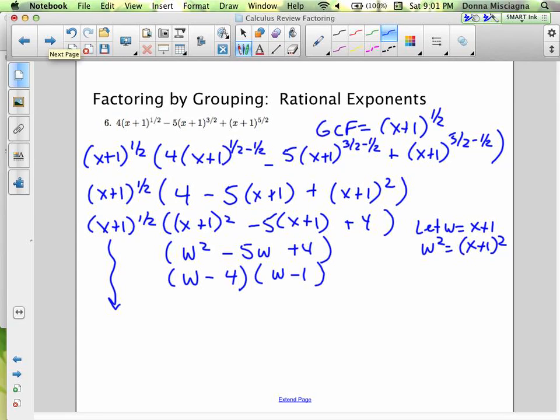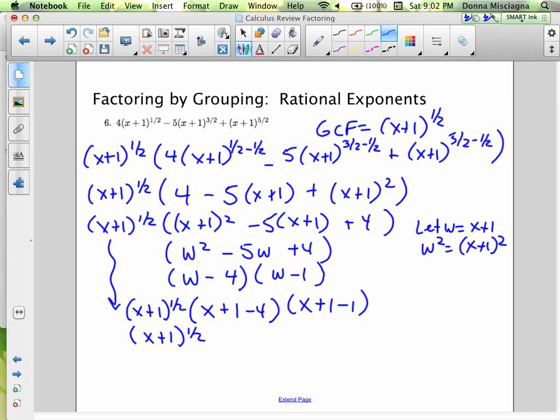And then we got to substitute back. So x plus 1 to the 1/2 times, the w was x plus 1, so x plus 1 minus 4 times x plus 1 minus 1. Well, let's simplify that. So x plus 1 to the 1/2. The x plus 1 minus 1 is x. That really looks better over here, doesn't it?